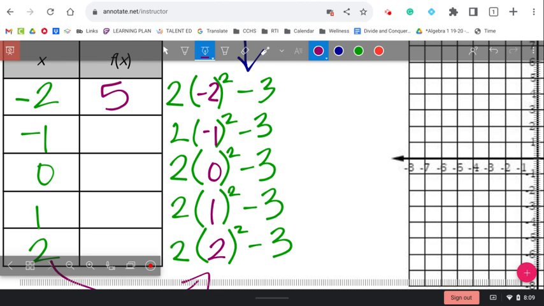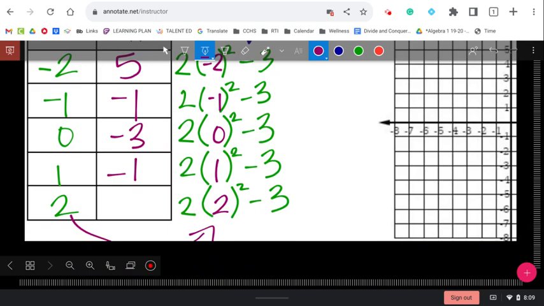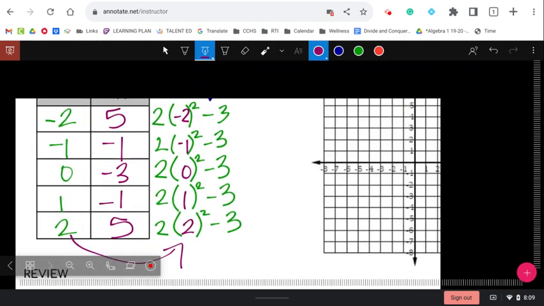You're going to get 5, -1, -3, -1, and 5.